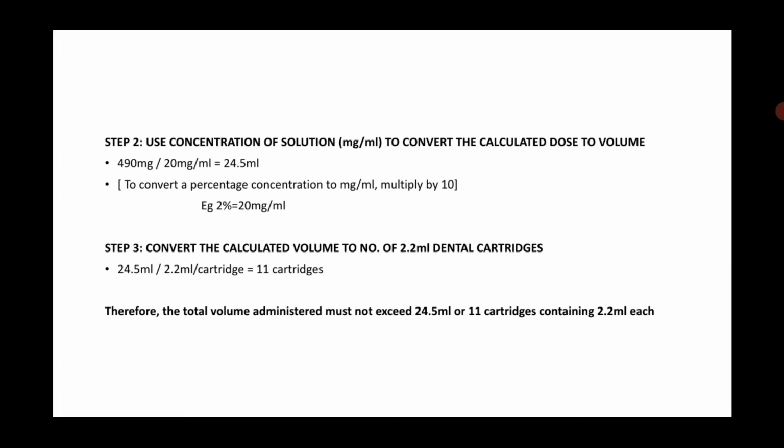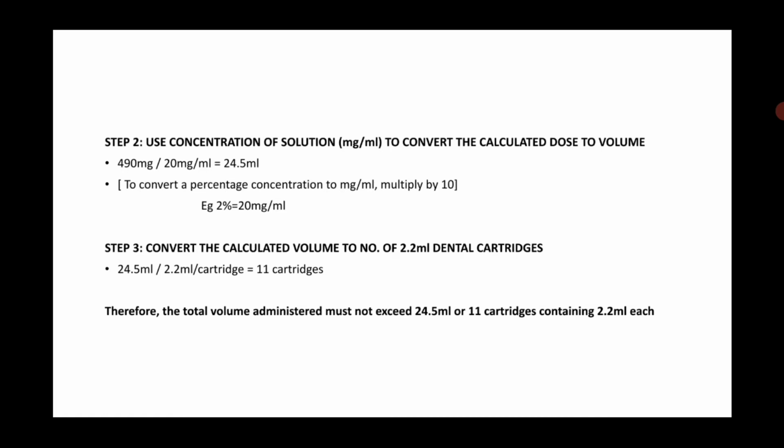The concentration of solution given is 2%, right? In order to convert 2% into milligrams per milliliter, you need to multiply it by 10. Like if you have 3% prilocaine, that will be 30 milligrams per milliliter of prilocaine.